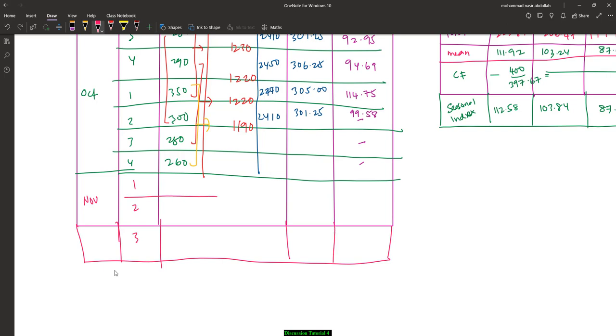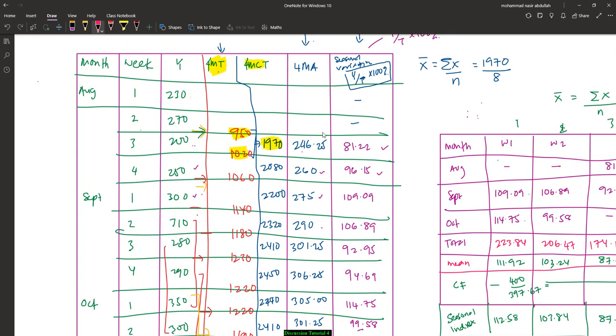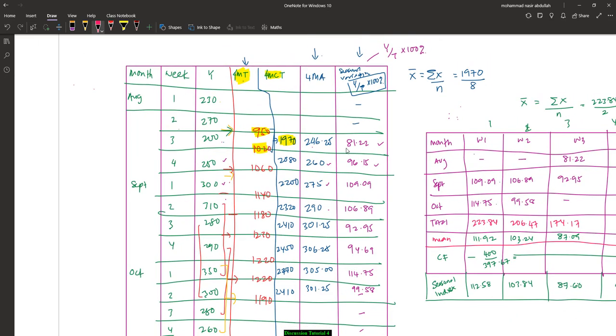Simple saja. Right. So first step, we need to find change in trend. So what is a change in trend? So yang ni kena careful lah. Ramai saya tengok ramai yang salah. Salah apa? Sebab salah tengok kolom mana.